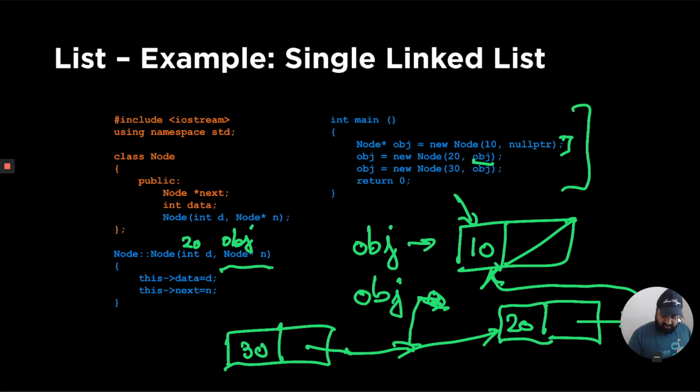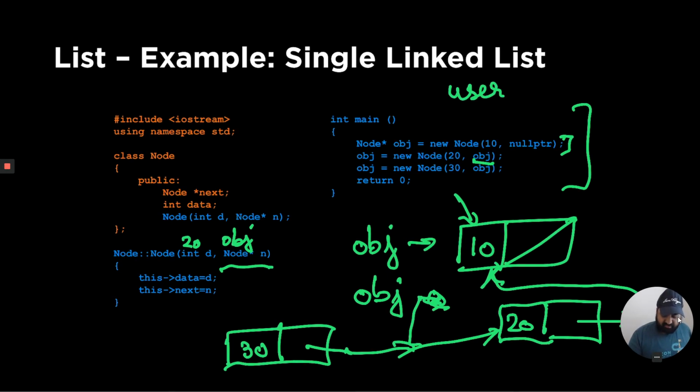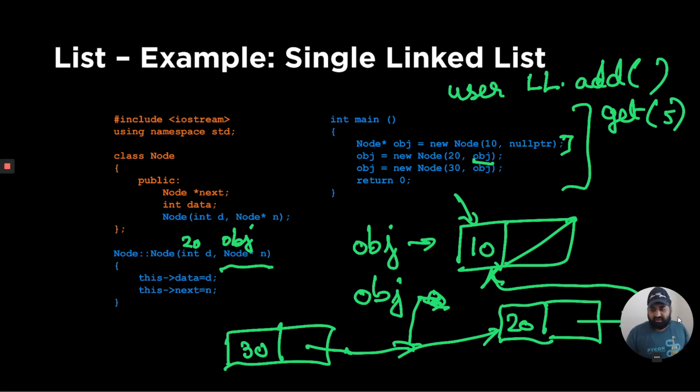A user cares about something like this: if they have a linked list object, they want to just add some numbers, or they want to know what the value is, or get the number at, let's say, position 5 or something like that. But here we are still passing this object value, which is we are again and again calling recursive calls on the head of the linked list.